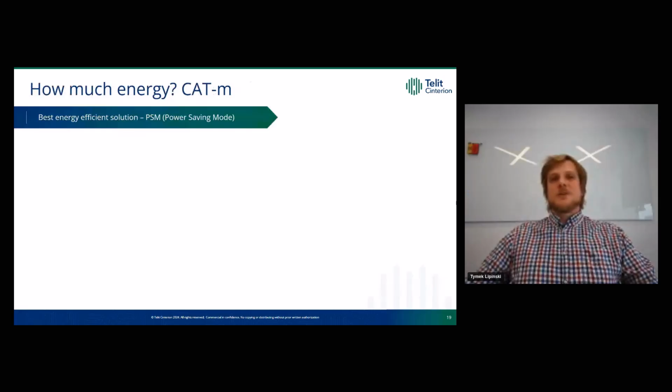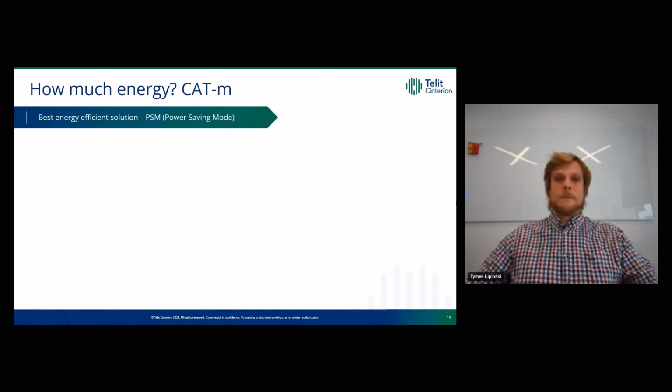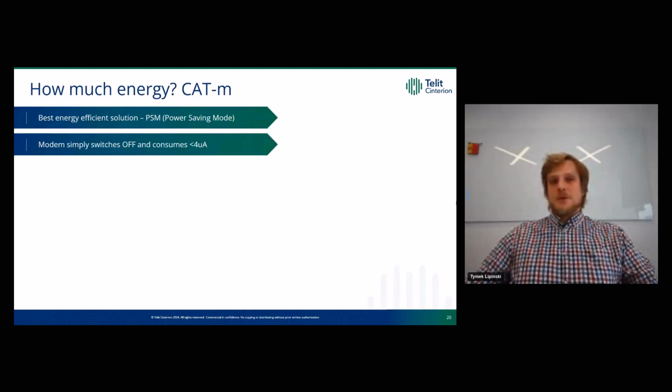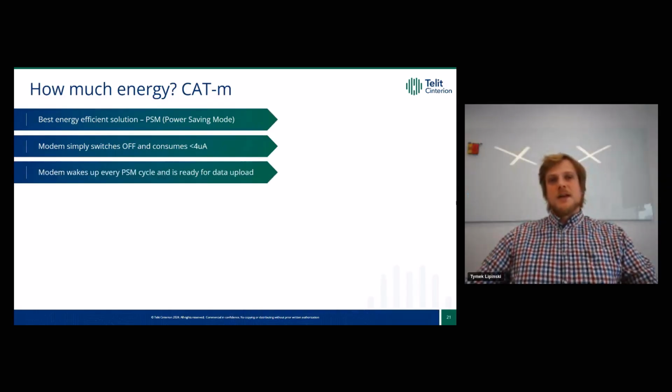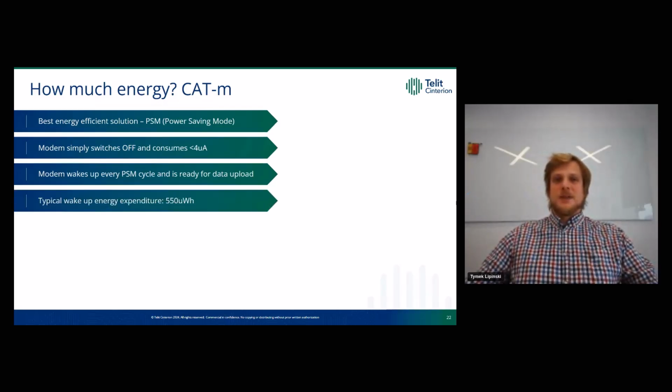Let's discuss how much energy we will be consuming. First off, in CATM, the best energy efficient solution is the PSM, so power save mode. In this mode, the modem simply switches off and consumes below 4 microamps of current. The modem wakes up every PSM cycle and is ready for data upload.